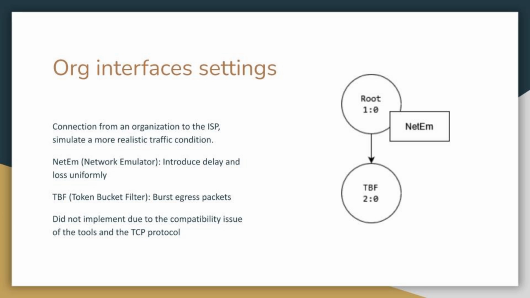We did not use this implementation because the tools do not seem to be compatible with TCP connections. It gave us unpredictable results and cannot be used for our simulation. Nevertheless, our existing implementations still produce meaningful results for the QoS behaviors.